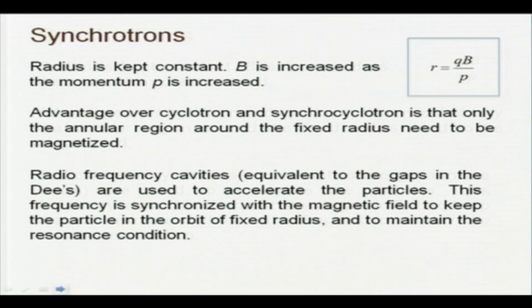So, these particles will be accelerated whenever they pass through these RF cavities. They are the equivalent of the gaps in the D's in the case of cyclotrons. So, the whole idea is to keep only the annular region under magnetic field and use the RF cavities to accelerate, with their frequency synchronized with the magnetic field, so that everything is kept at the same radius and acceleration happens each time the particle enters the cavities.